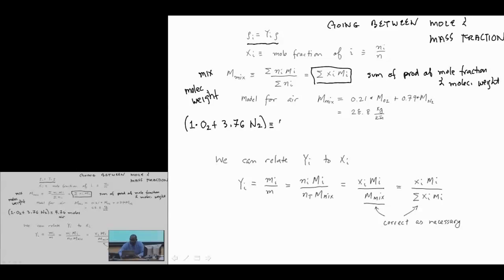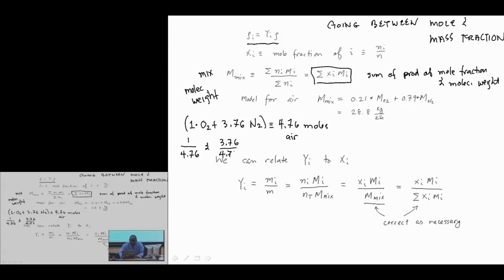When we talk about the composition of air, the mole fraction of oxygen in air is 1 over 4.76, and obviously for nitrogen, it's 3.76 over 4.76.